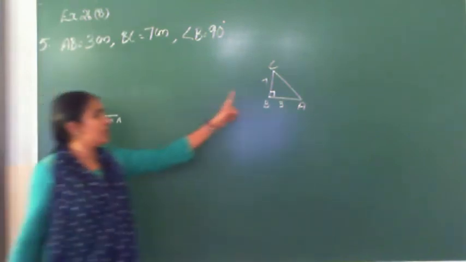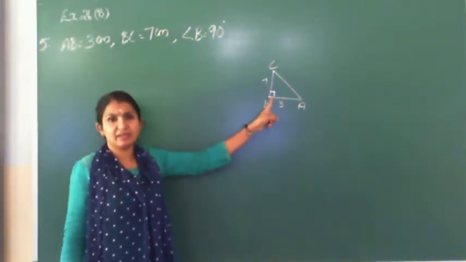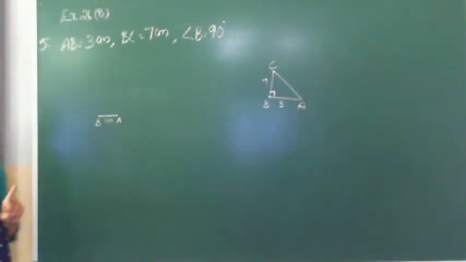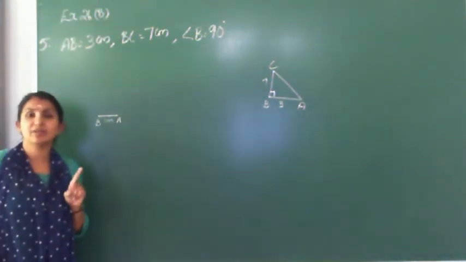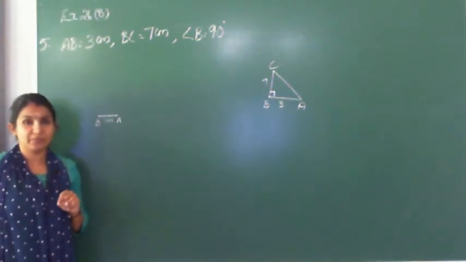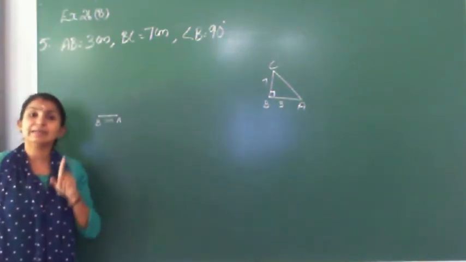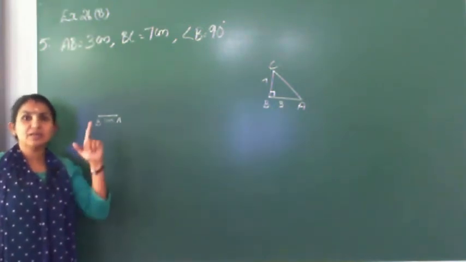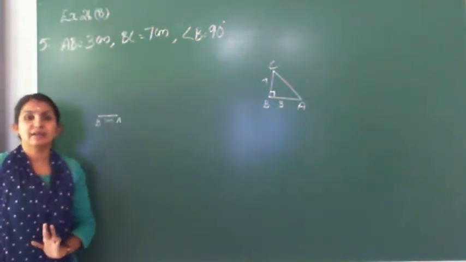Now B is 90 degree, but here one condition is there: it is not possible to construct that 90 degree with the protractor. We should construct it with compass. So how can we construct that 90 degree here? First 60, then 120, and bisecting we will get 90 degree.